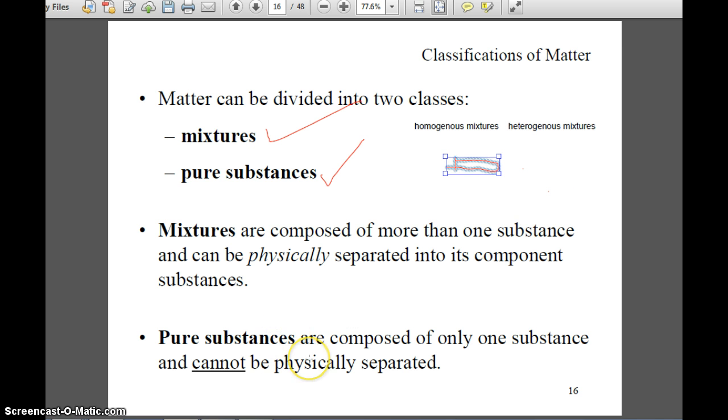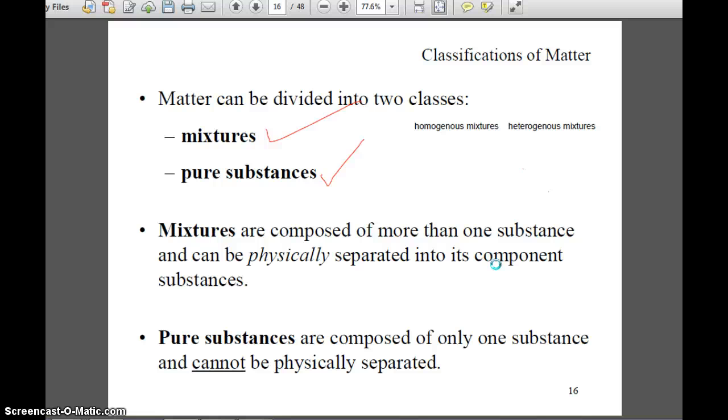Pure substances, on the other hand, are composed of only one substance. They cannot actually be physically separated from one form to another. There is no other form, essentially. It contains only one substance. It cannot be physically separated. What that means is, let's say you're thinking about a gold ring or a copper wire, and you start breaking down this gold ring or copper wire into as tiny particles as you can.